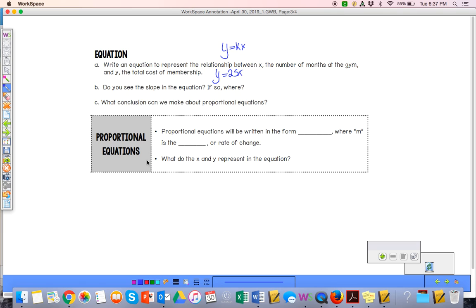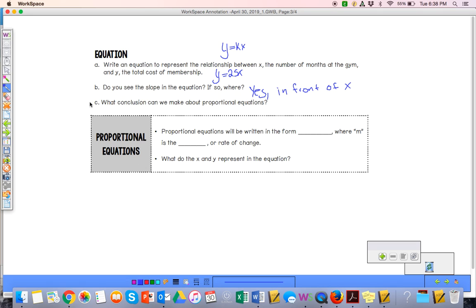So it says, do you see slope in the equation? If so, where? So we write yes, and we see it in front of the x. It says, what conclusion can we make about proportional equations?